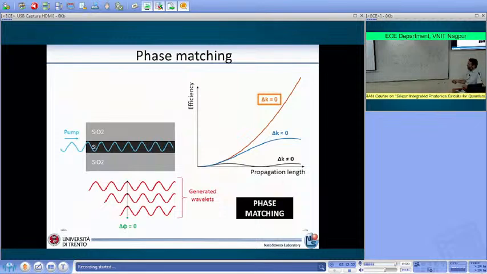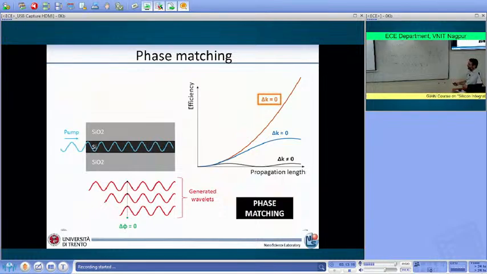So the efficiency, the intensity of the light that is generated, because of the constructive interference condition that is fulfilled, because all the momenta are satisfying the phase matching condition, so delta phase is equal to 0, they add constructively, and so the efficiency increases as a function of the propagation length.